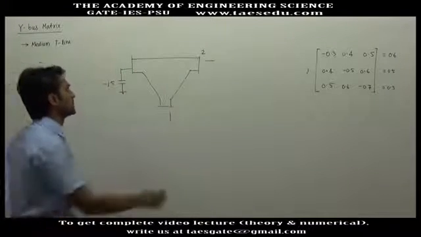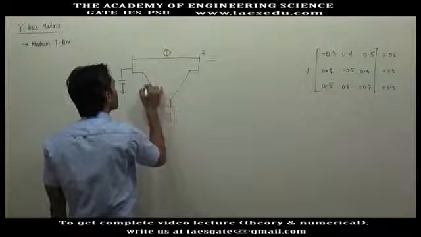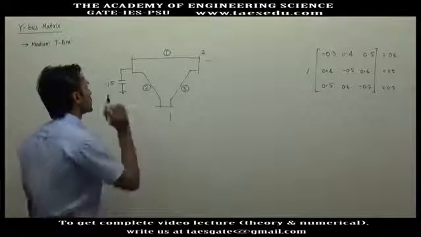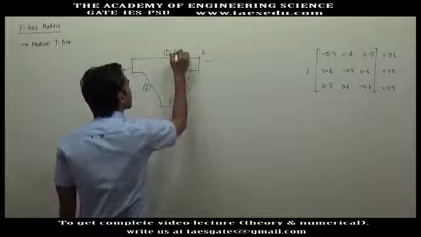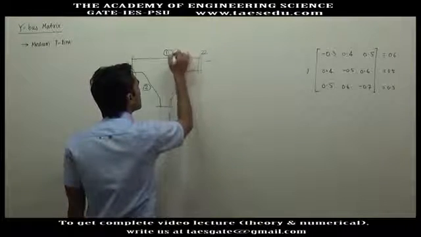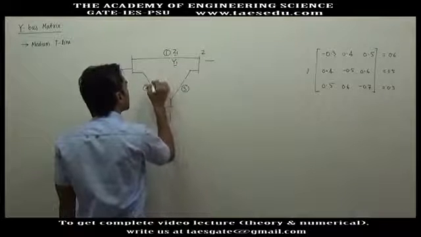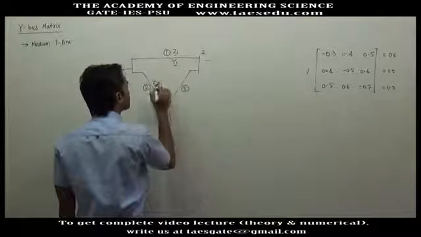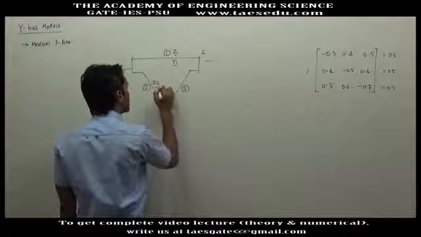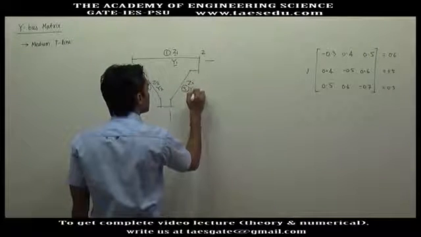Okay, let's say this is transmission line 1, this is transmission line 2, and this is transmission line 3. So we have to find Z1 and Y1, the series parameter of line 1 and the shunt parameter of line 1. Similarly, the series and shunt parameters of line 2 and of line 3, Z3 and Y3.